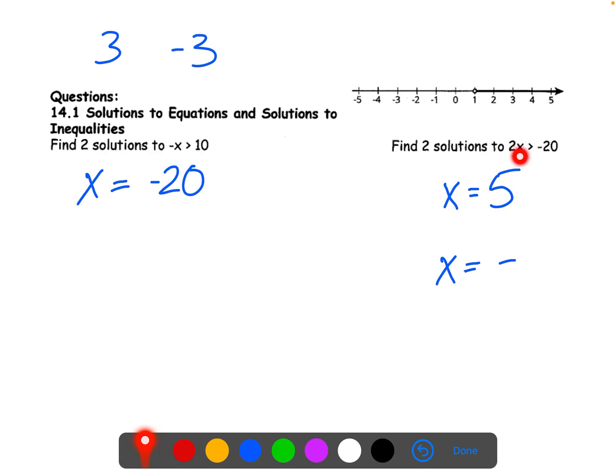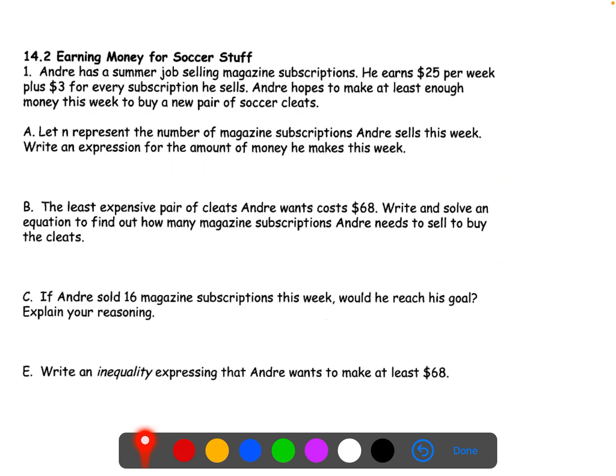So 2 and 10 make 20, so that's where I'm going to start. If I put -10 here, -10 times 2 is -20, and that's not greater than -20, so that wouldn't work. I'd have to go back closer to 0, so the smallest negative number is going to be -9 as a possibility. So if you had anything between -1 and -9, as long as you did an integer, a whole number, that would certainly work.